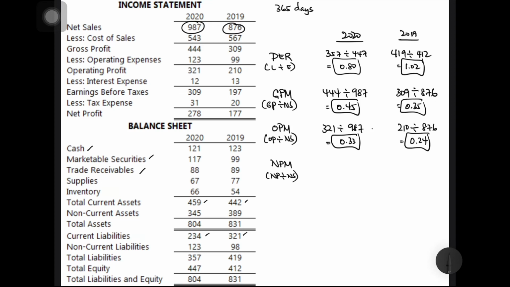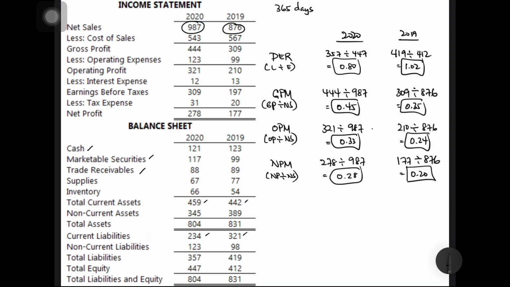Next, net profit margin, 278 divided by 987, and then 177 divided by 876. This is 0.28, and this is 0.20.